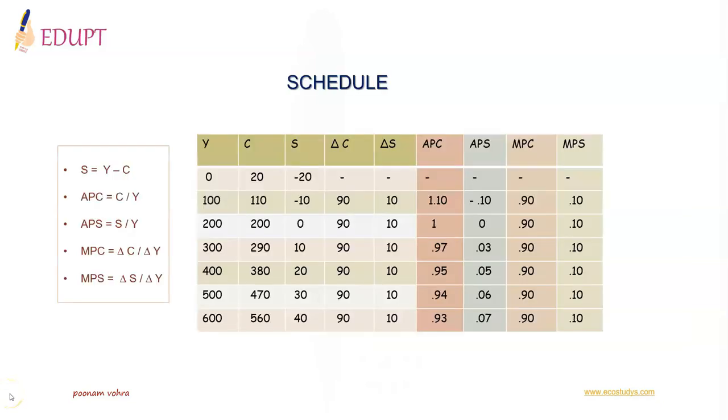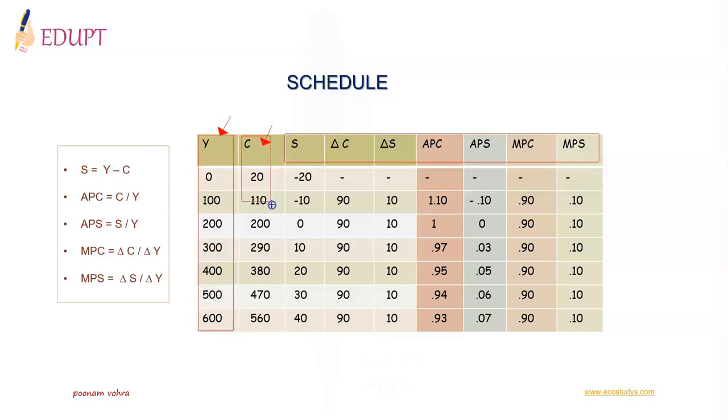Whatever has been understood till now can be verified through a numerical example given in the schedule. Here, income is given, consumption is given. Rest can be found. So let us begin. Income has been increasing by 100 in each case.